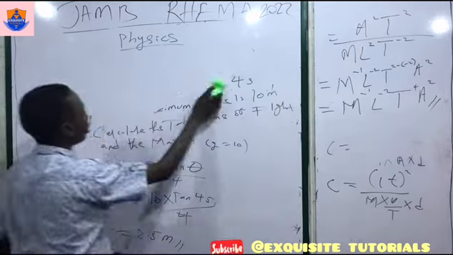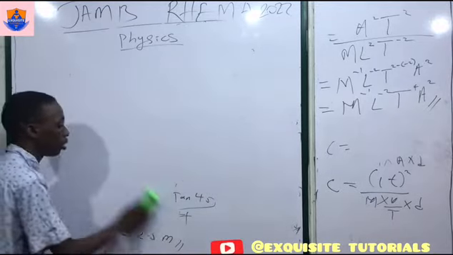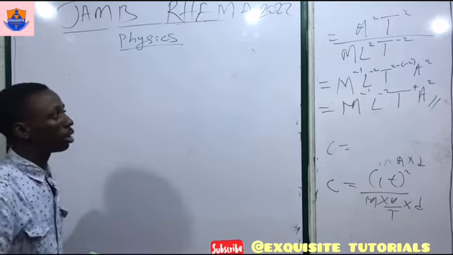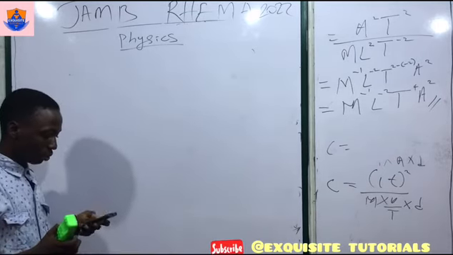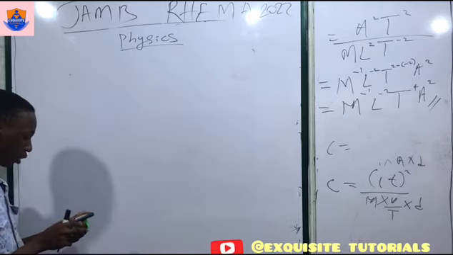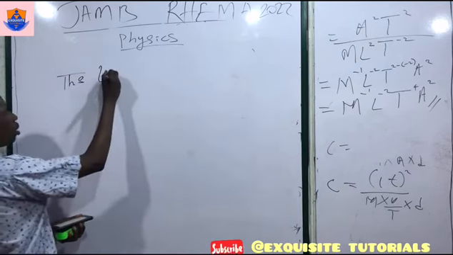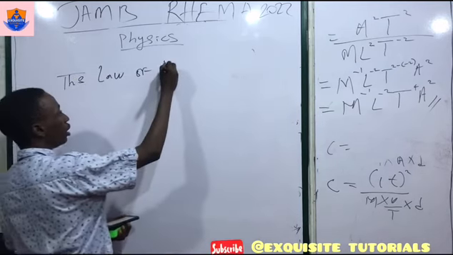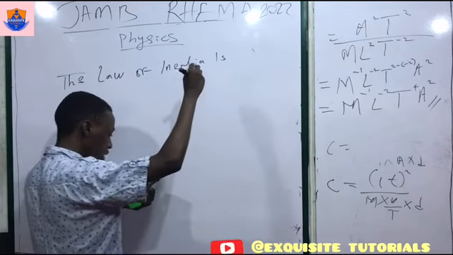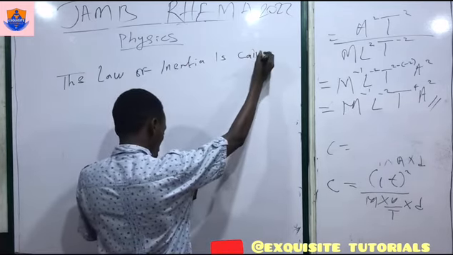Okay, let's take another question. I'm going to be taking questions from a whole lot of topics. Let's say we have a question like this. The law of inertia is called what?